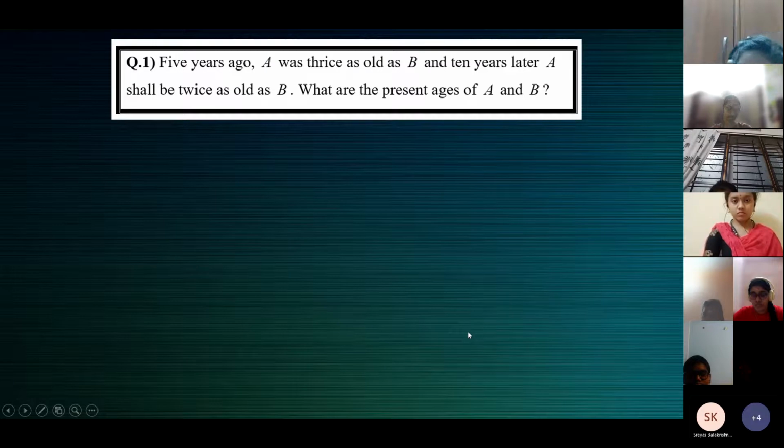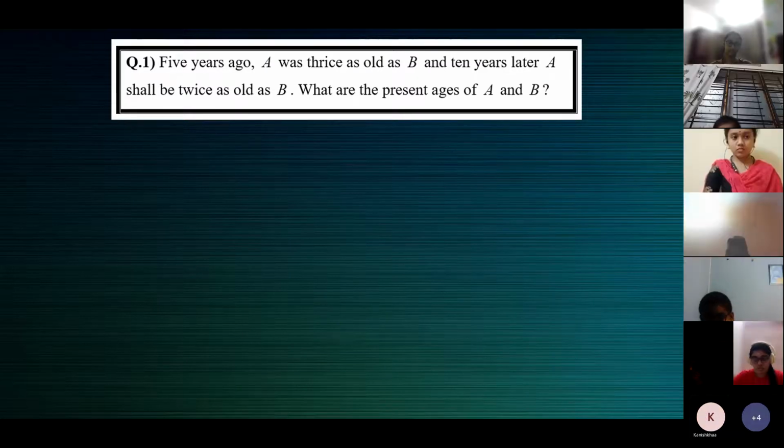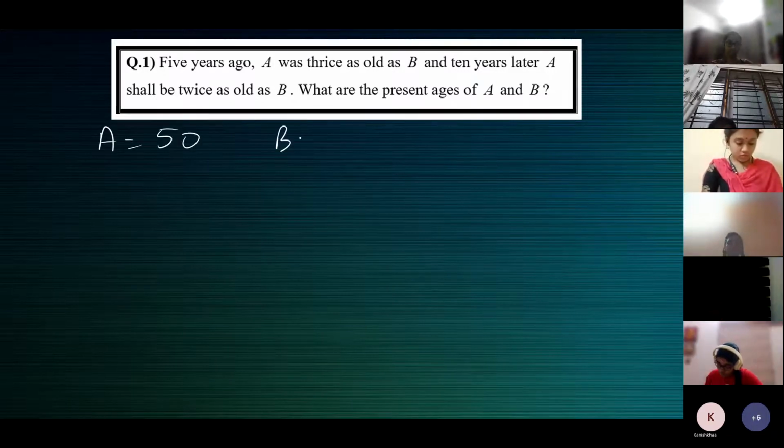Okay, so x is A's age and y is B's age. Since you all said 50 and 20, I declare A's present age is 50 years and B's present age is 20 years. You can even check the answer. See here. So we got A is equal to 50 and B's age is 20.